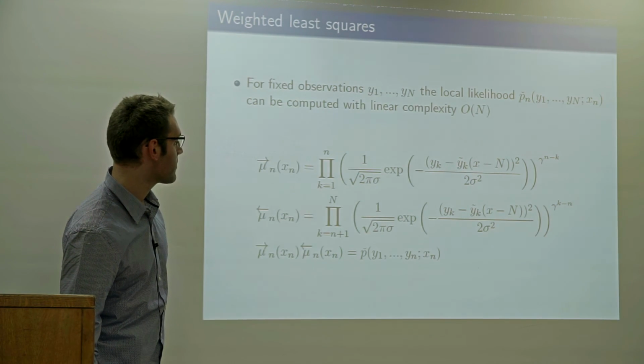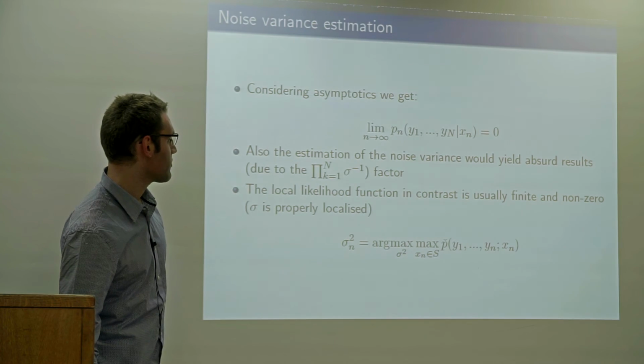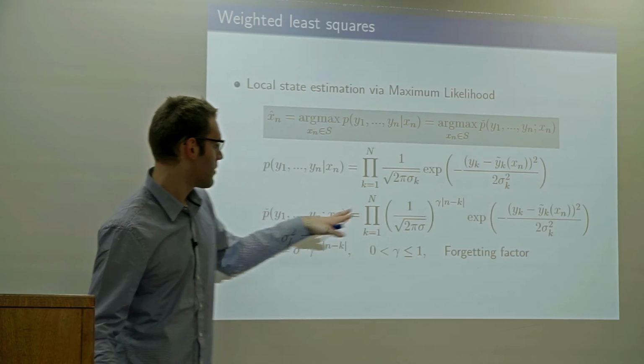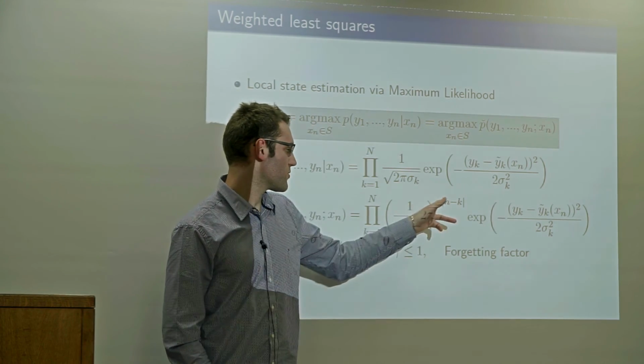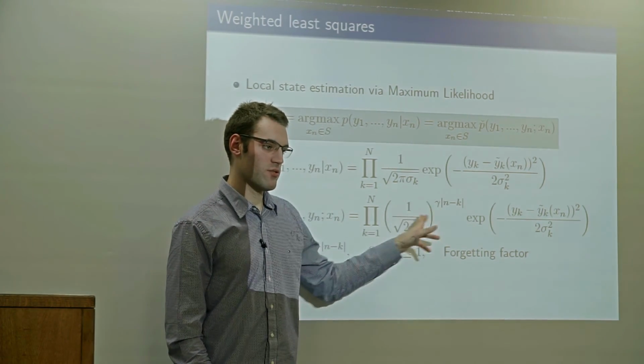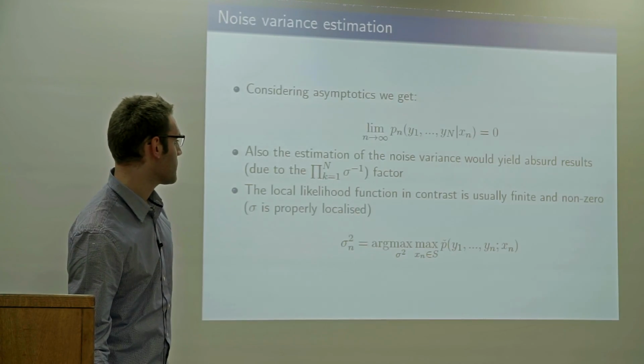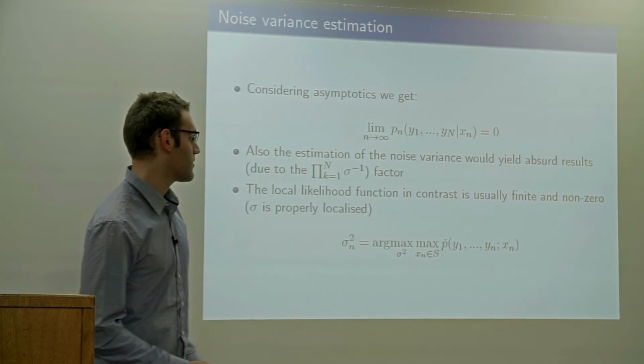But on the other hand, this local likelihood function will still be localized, because if this goes to 0, this one will be pushed to 1. So we stay localized. And in this case, we can estimate the noise variance.